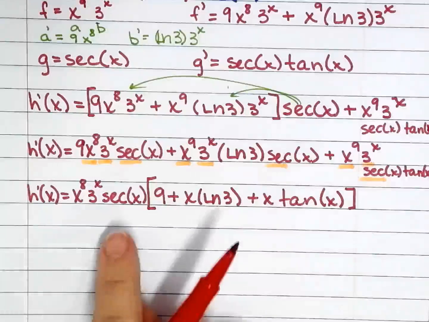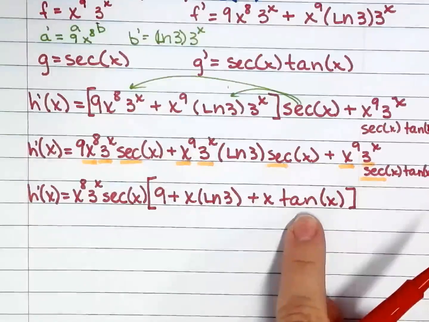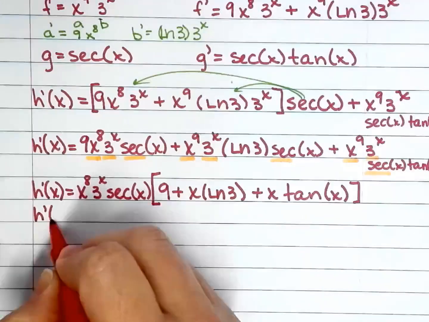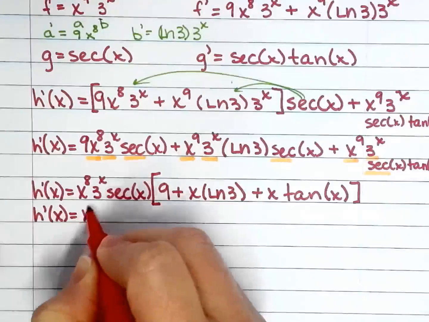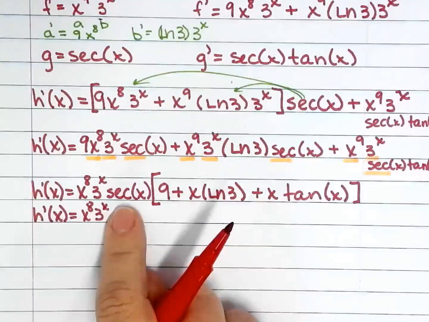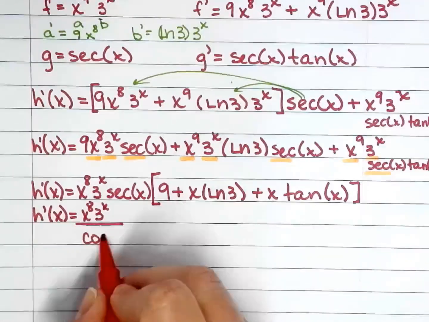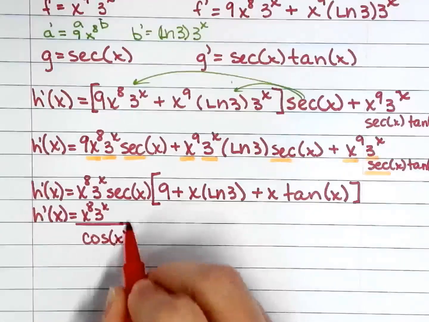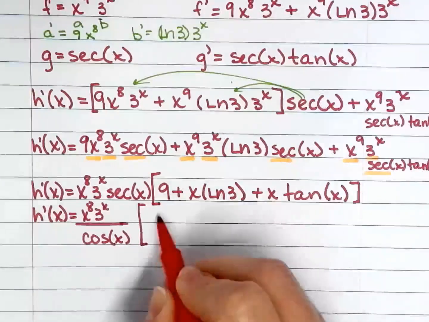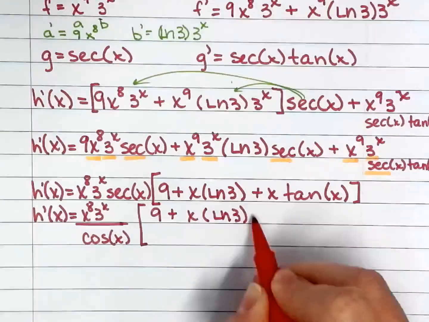Okay, let's rewrite secant and let's rewrite tangent. So I know secant is the same thing as 1 over cosine. Nine plus, nothing's going to change there.